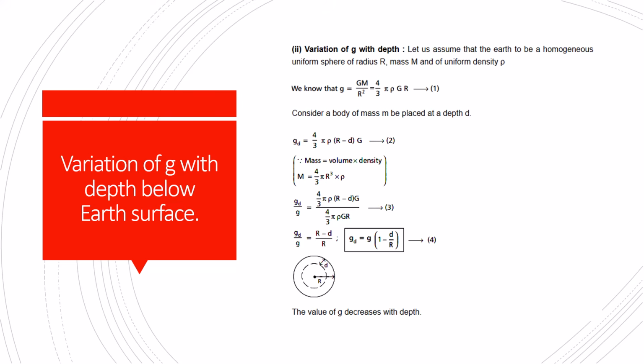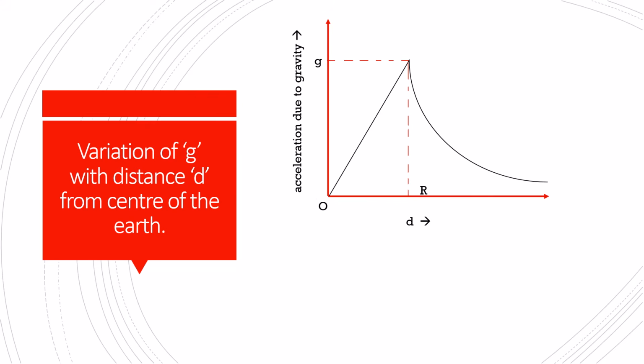At the center it becomes 0. Now in this variation of acceleration due to gravity with distance from the center of the Earth, we find maximum acceleration due to gravity at the Earth's surface, at radius r. Above the surface it decreases with increasing distance, and within the Earth it decreases with depth and becomes 0 at the center.